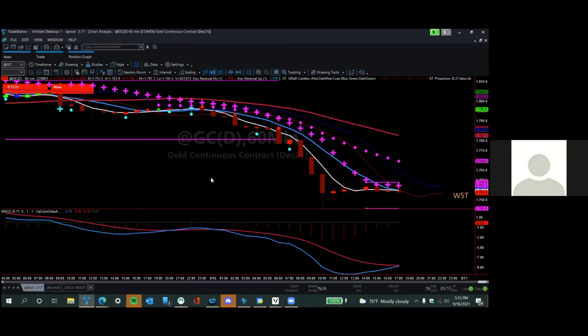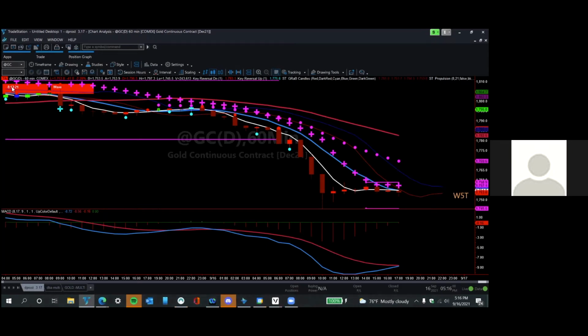If you're looking at a 60-minute chart, you can count back 6 candles here. It'd be 1, 2, 3, 4, 5, 6, 7. And here's the second day, the third day. And if you look here, way back here, about 3 or 4 days ago, it was telling you to get out of this position.